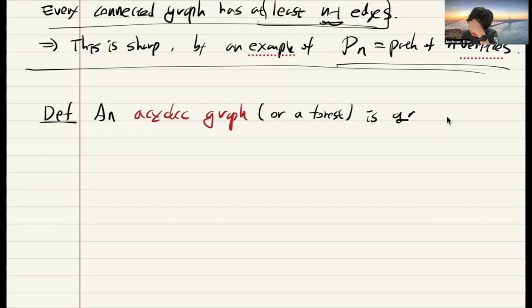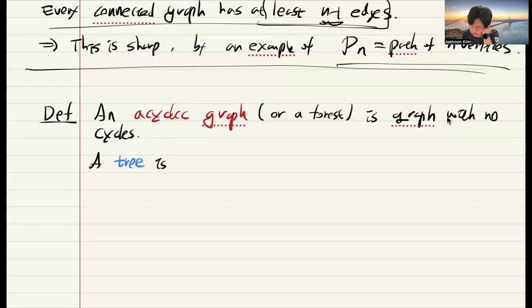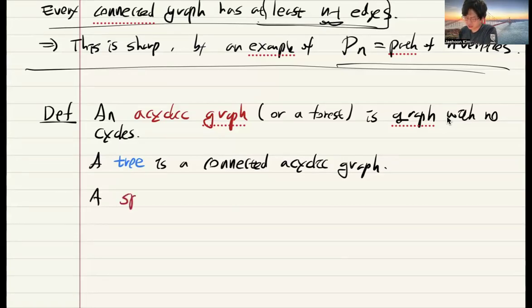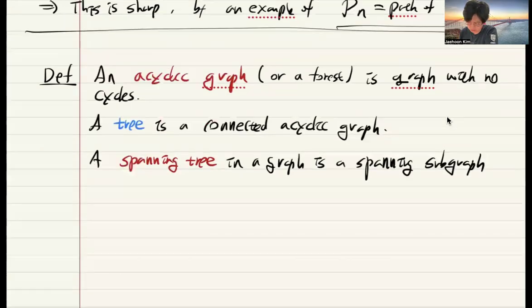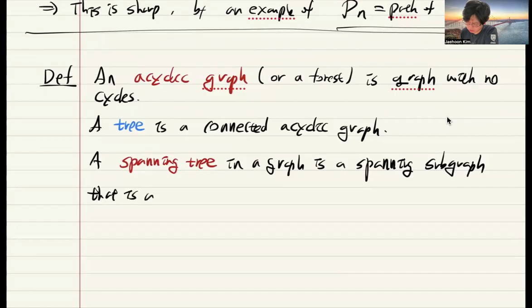This is a graph with no cycle. And we say that a tree is a connected acyclic graph. And we say a spanning tree in a graph is a spanning subgraph that is a tree.